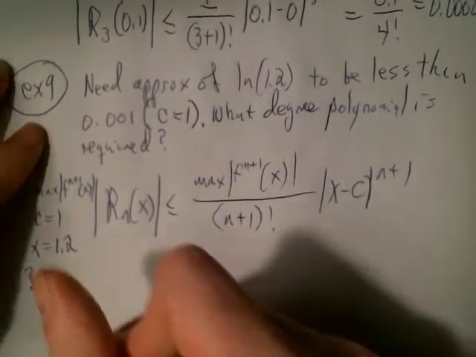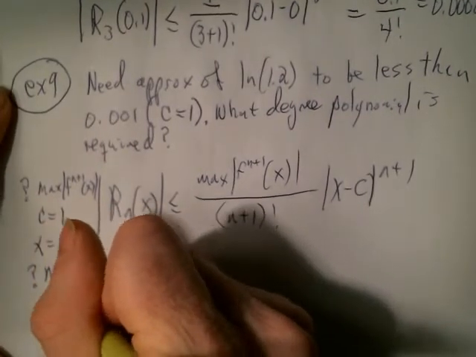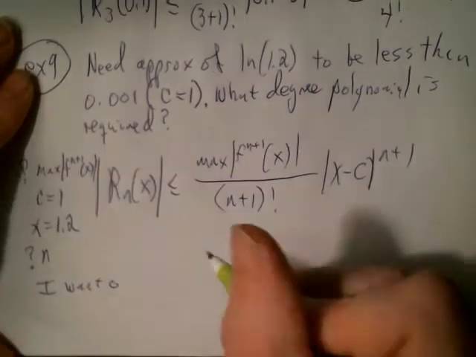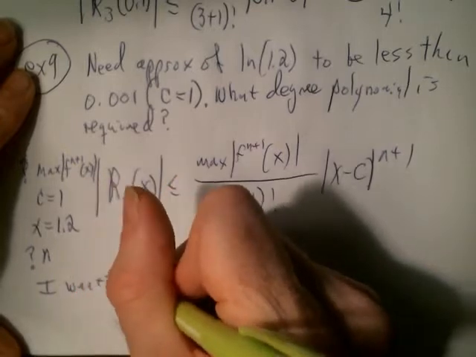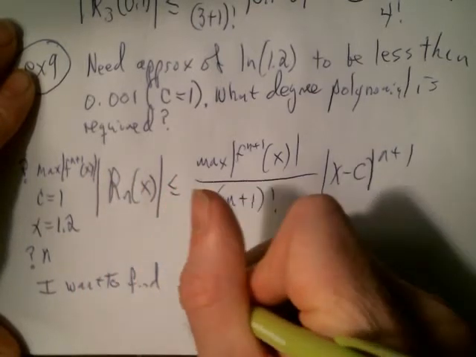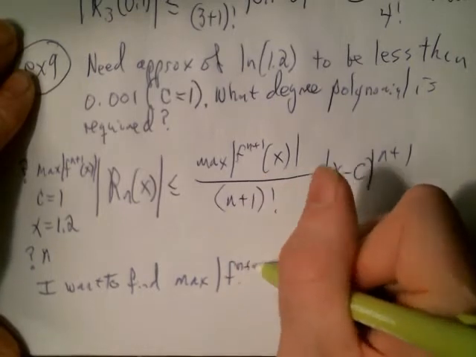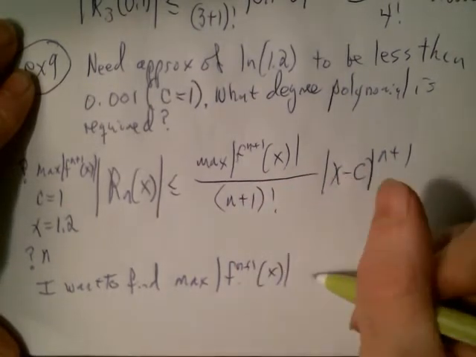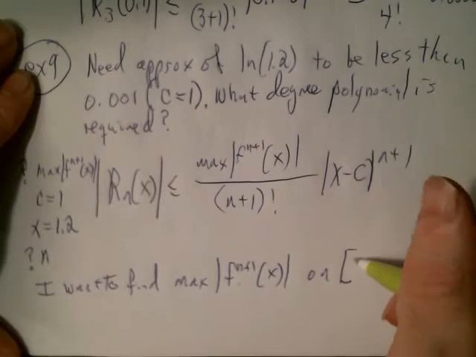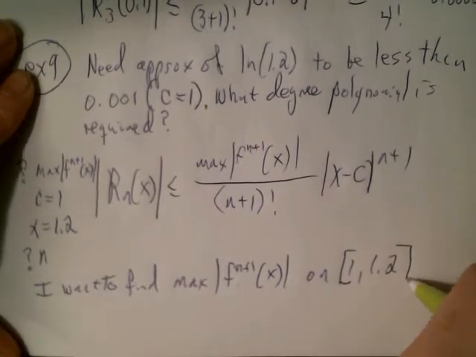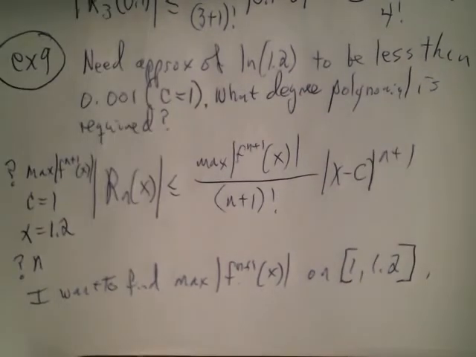Okay. So I want to find the maximum of the absolute value of the n plus first derivative of f on the interval from 1 to 1.2. So basically you're trying to maximize this function on a closed interval. And for that you use calculus.